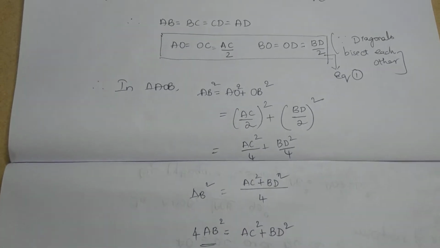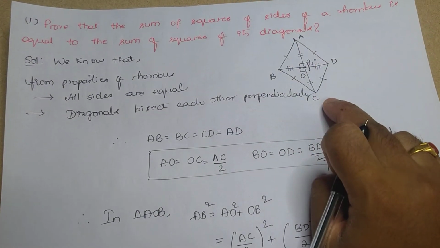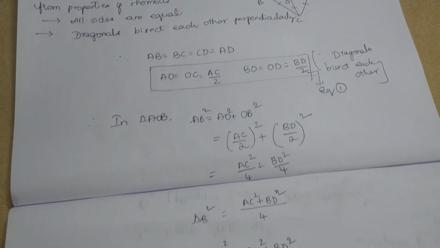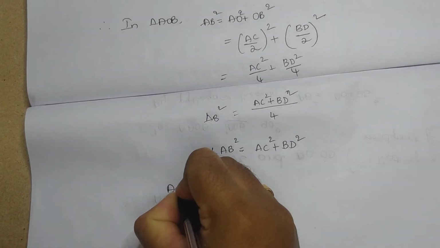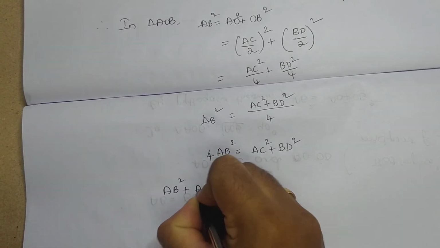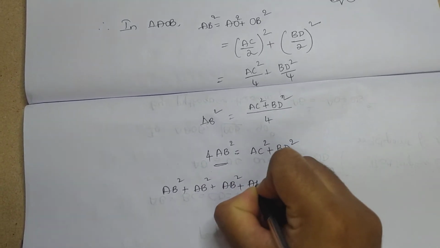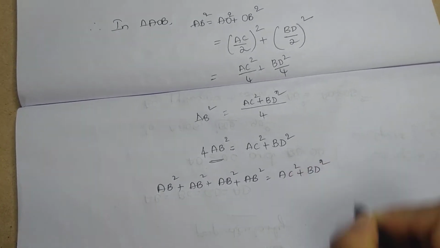AB is nothing but the side of a rhombus. So we know that as per properties of a rhombus, all the sides of the rhombus are equal. So 4AB square, I am writing as AB square plus AB square plus AB square plus AB square equals AC square plus BD square.